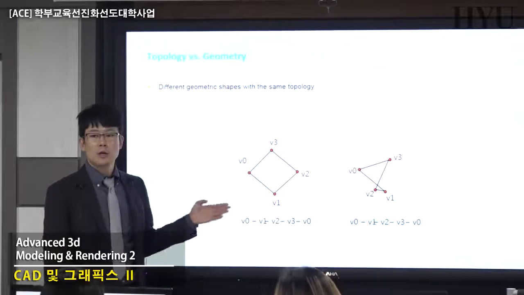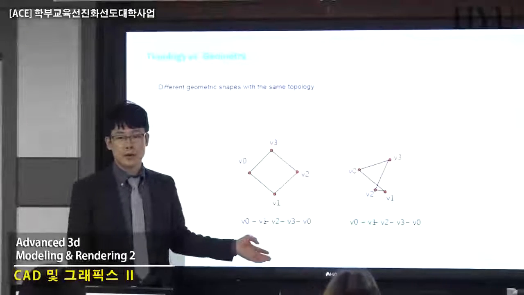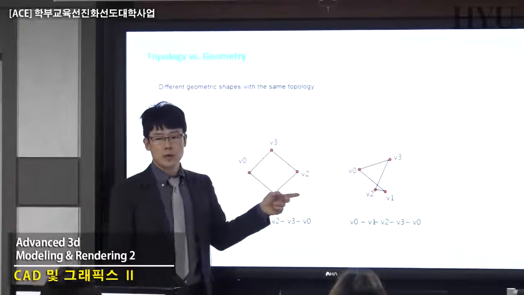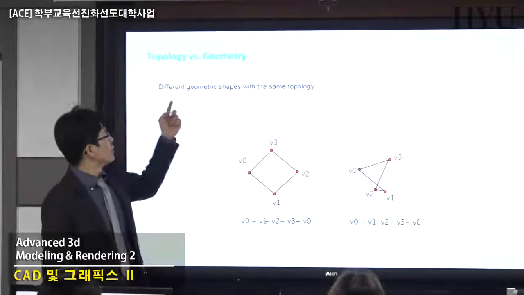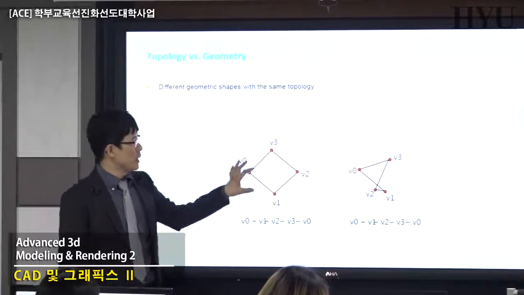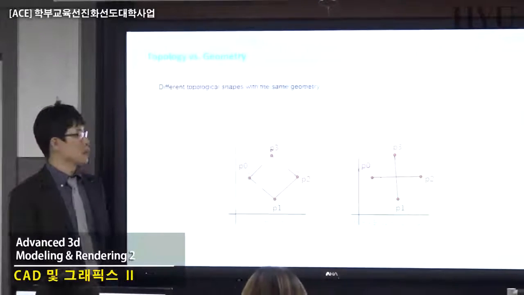In other words, in terms of topology, those two things are exactly the same, but their point vertex locations are different. Different geometry, okay? So you can find this kind of difference easily, even if it has the same topology.